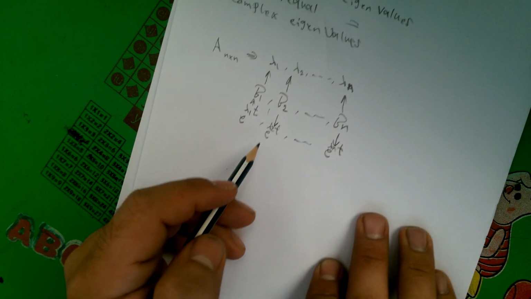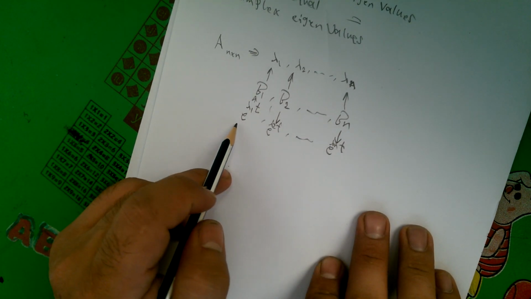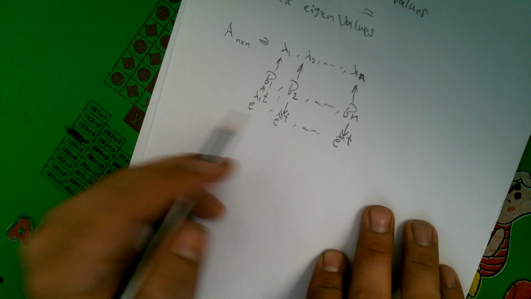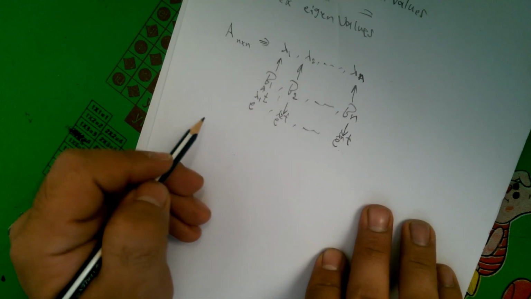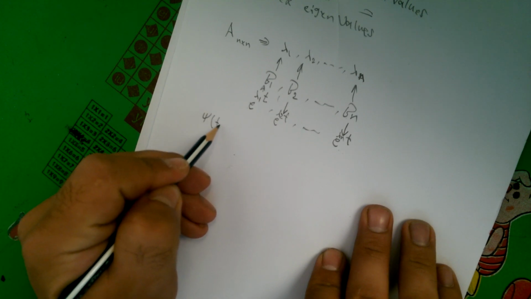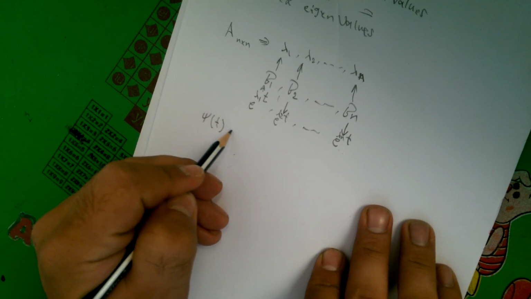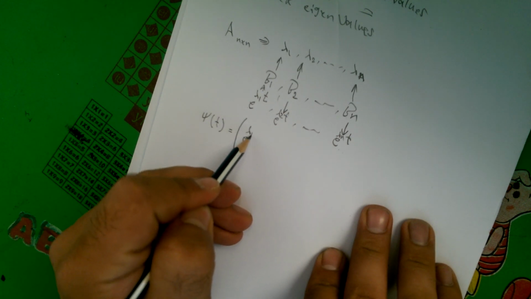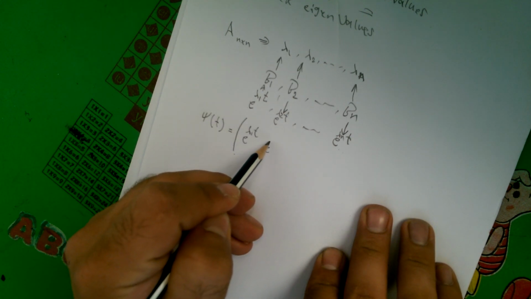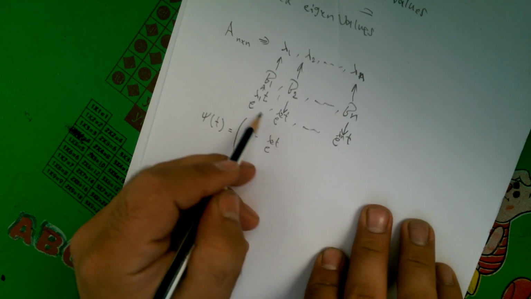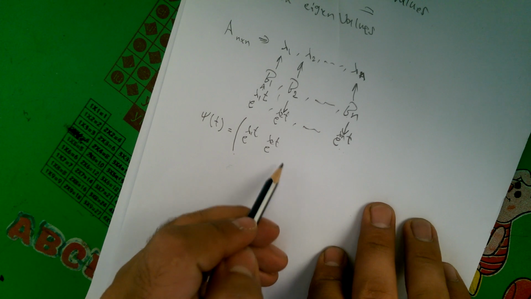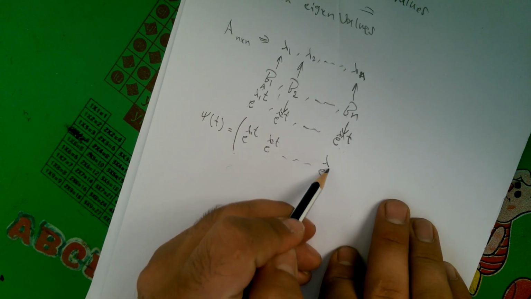Then we put all the vectors in another matrix, let us say psi of t, because it contains t as a variable. Each vector is like a column here, and this matrix is called the fundamental matrix.